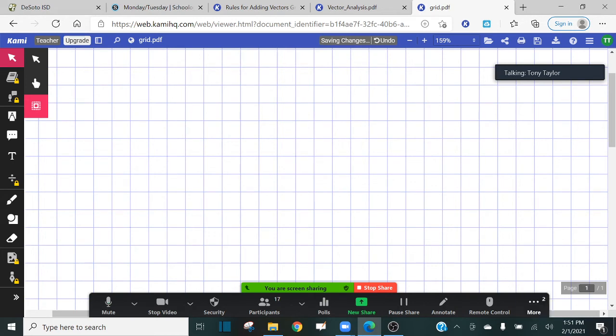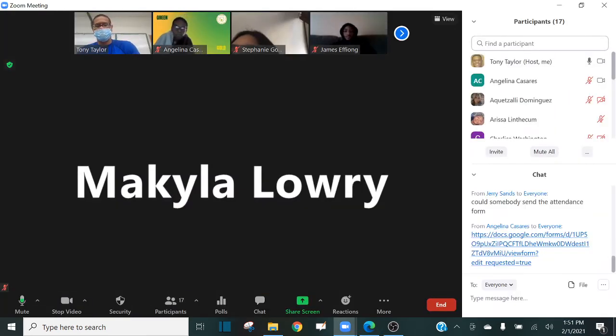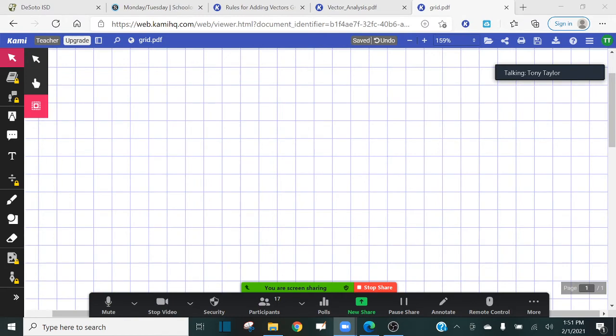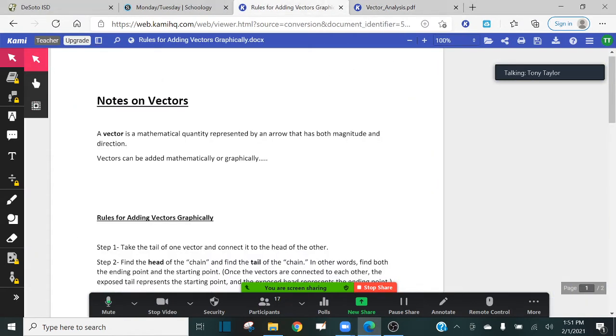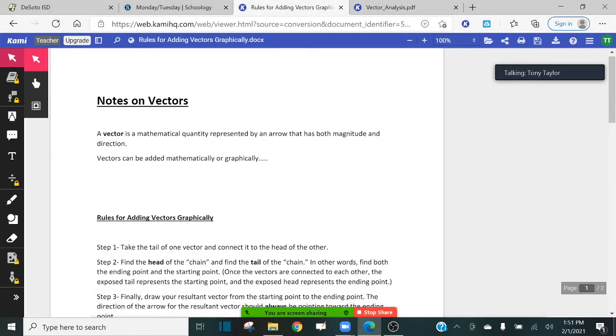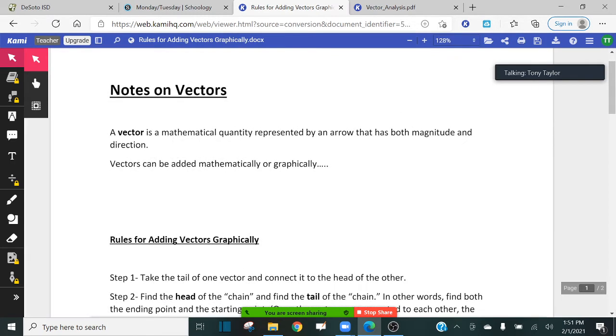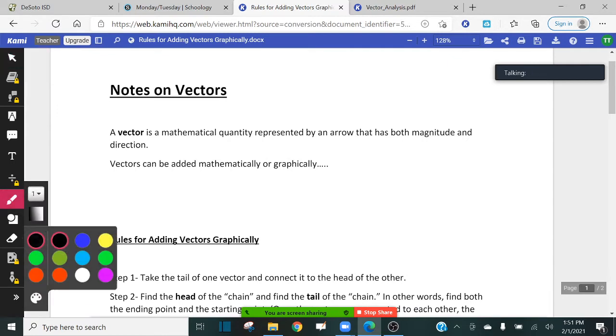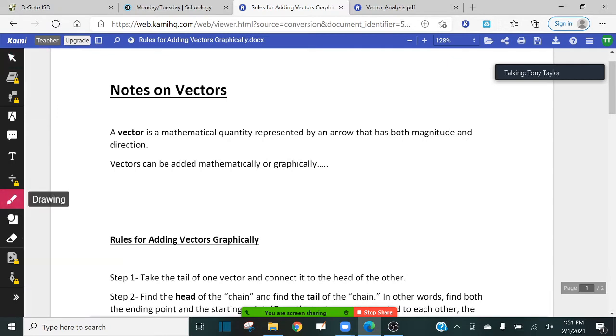Now, one of the things we went over, thank you, Angelina, one of the things we went over last semester is that we talked about how to add up vectors mathematically. So if I give you guys 2 vectors, let's say I give you this vector right here, 2, 5, and I ask you to add that to the vector 1, 3.